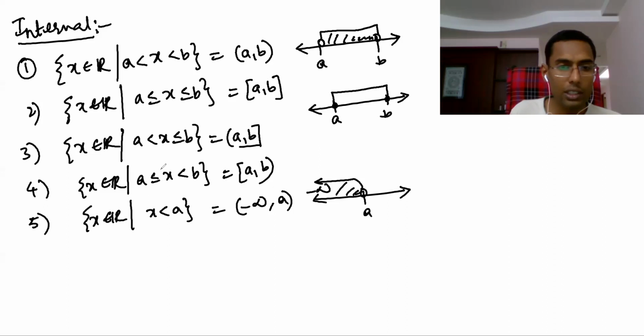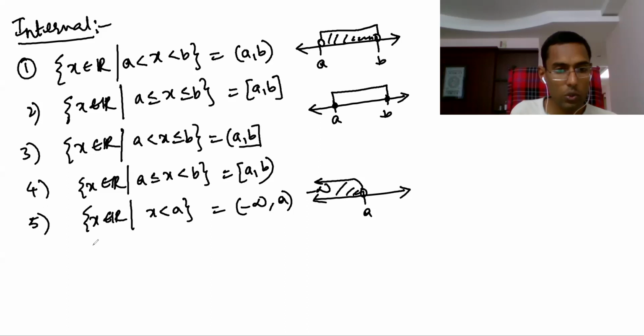Meaning, x is equal to that value. That means all the real numbers from a to b including a; here, all the real numbers from a to b excluding a and including b; all the real numbers from a to b including a and b; all the real numbers from a to b excluding a and b. Open means only that.